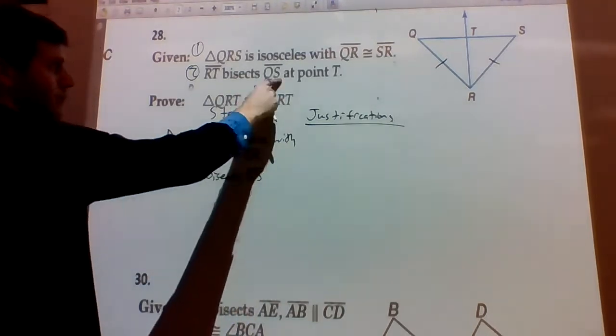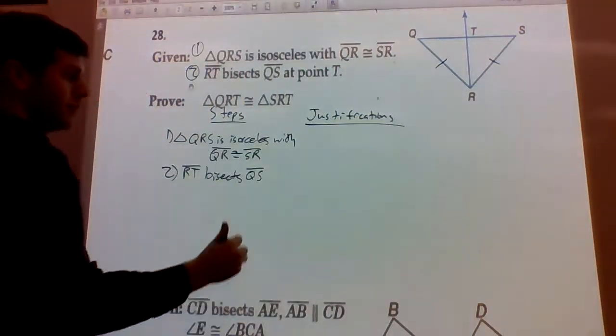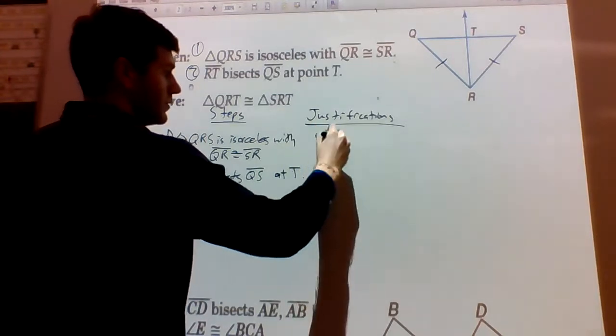So this time it's a segment bisector. We're bisecting segment QS, and it bisects it at point T.